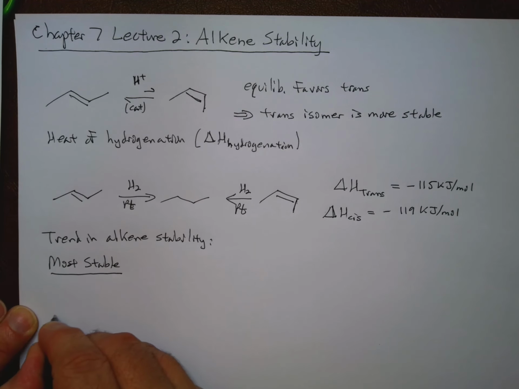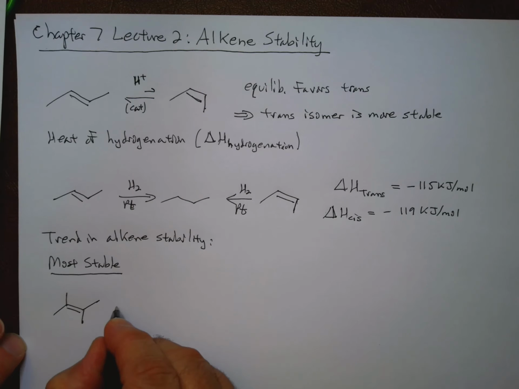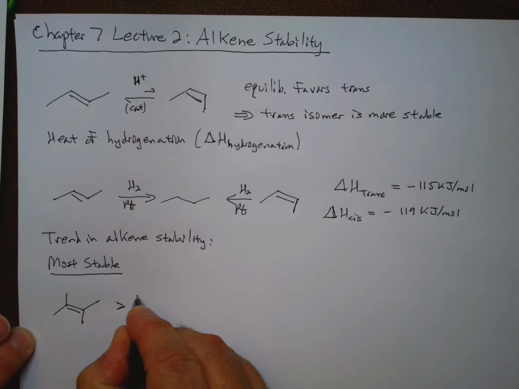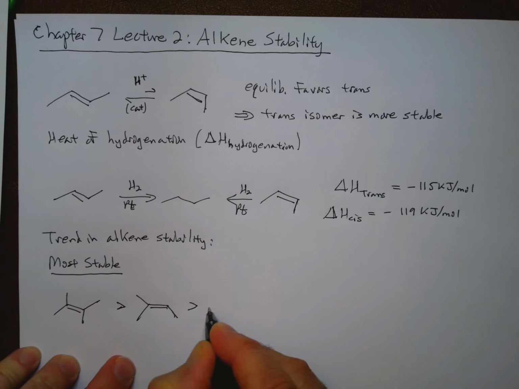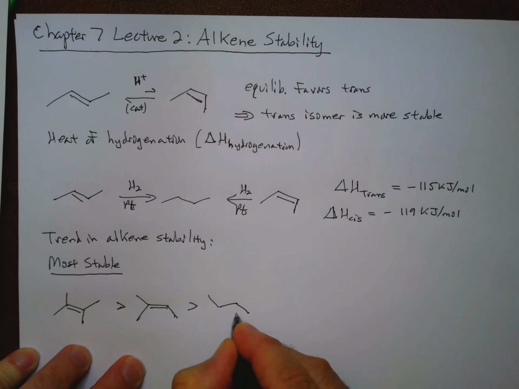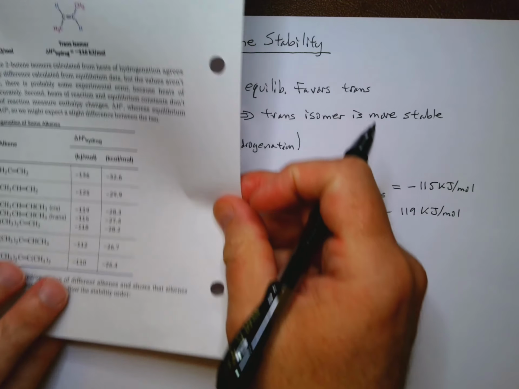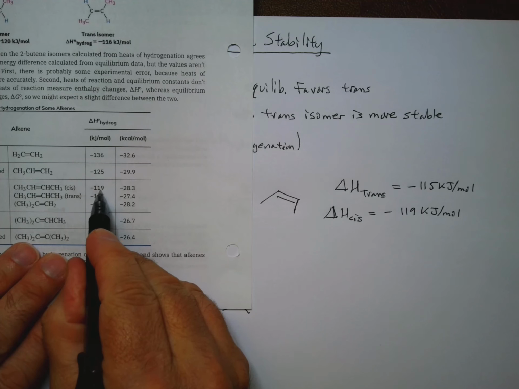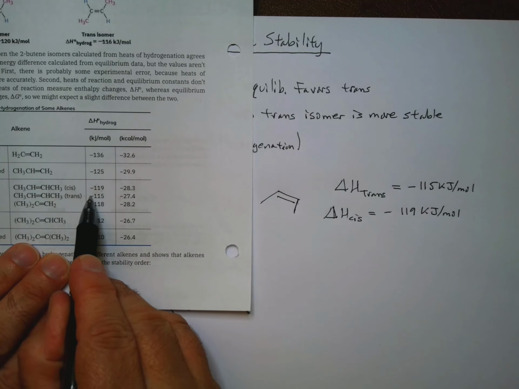So something like tetrasubstituted would be the most stable. That's going to be more stable than trisubstituted, which is more stable than disubstituted. Now, the cis and the trans are not equal. The cis is a little less stable, 4 kilojoules per mole less stable than the trans.